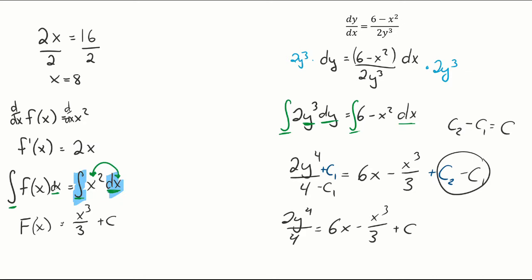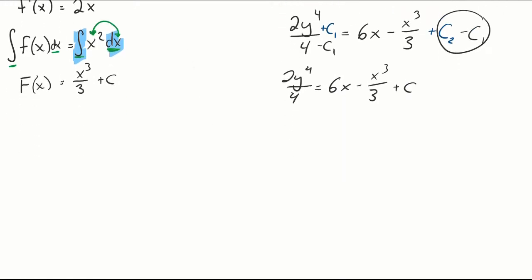And then, if possible, we're going to go through this and solve for y so we can get an explicit function. So first of all, this reduces to 1/2. So I need to multiply both sides by 2. So I have y to the 4th equals 12x minus 2x cubed over 3 plus 2c.